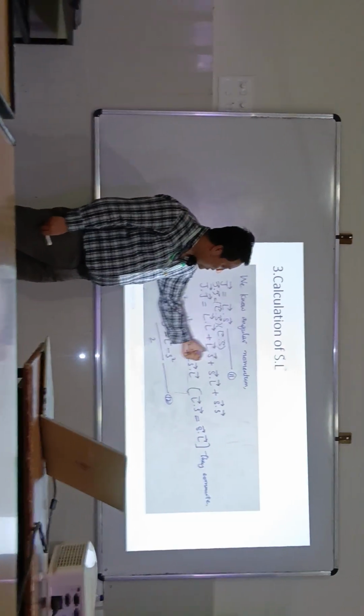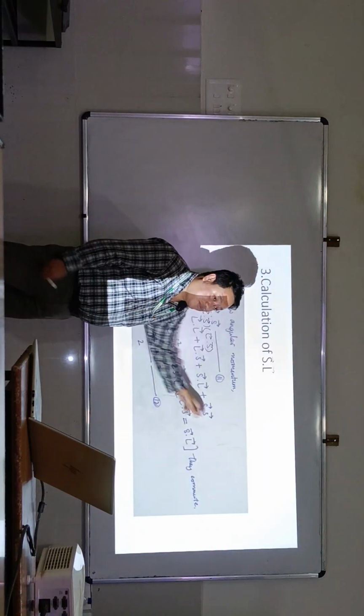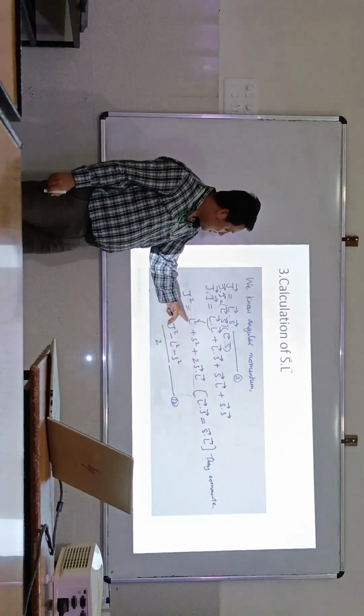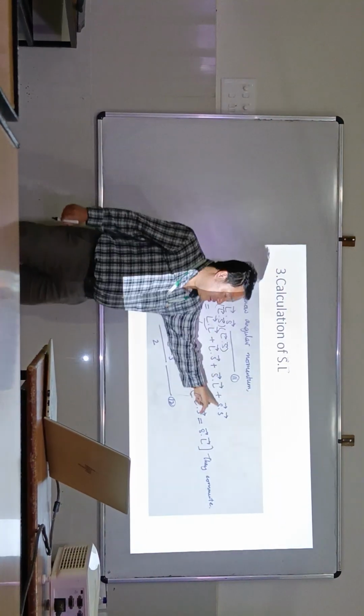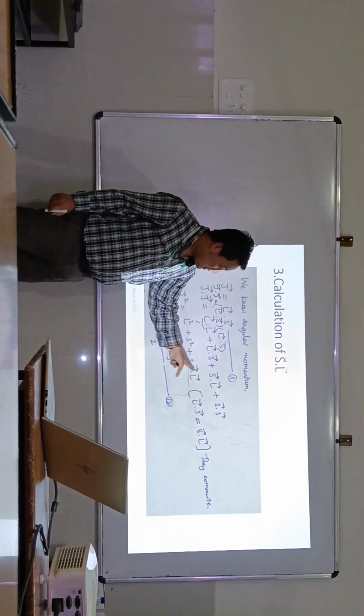Then here L vector dot L vector plus L vector dot S vector plus S vector dot L vector plus S vector dot S vector. So here this comes as L squared plus S squared plus 2 S vector dot L vector.